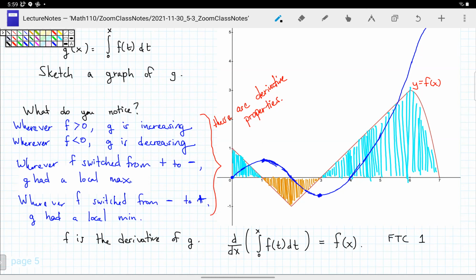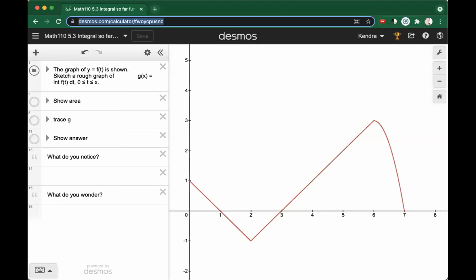So I do actually want to look at this in a Desmos graph. We did this hand drawn, and I think it's really good practice to work through this in your head and hand draw the integral so far function given a graph of a function. But I want to take a look at this using some technology, because I do actually have a graph of this. So here is the same function.